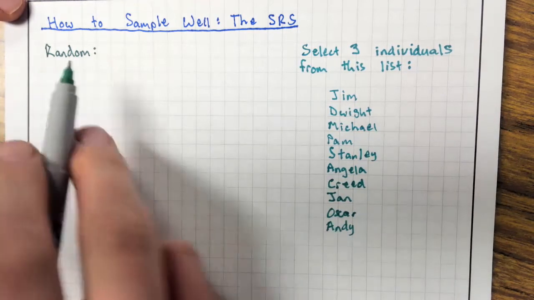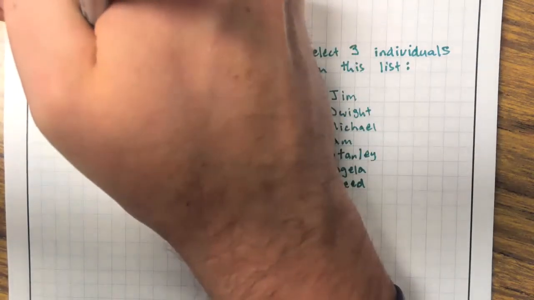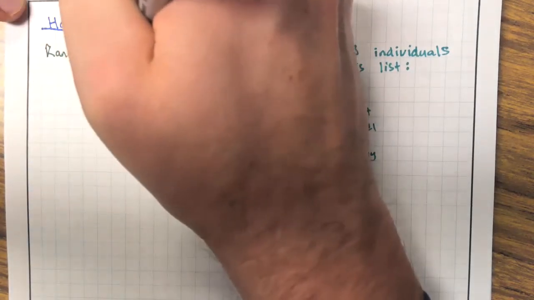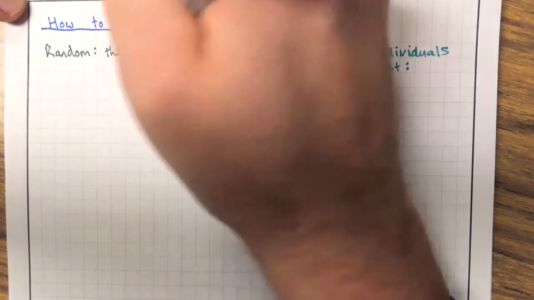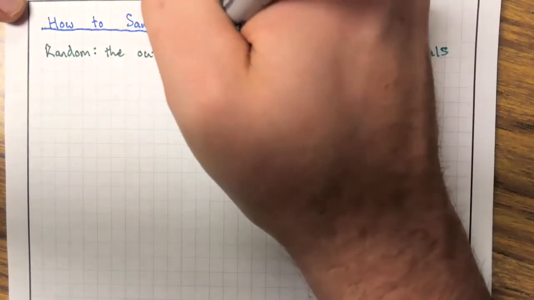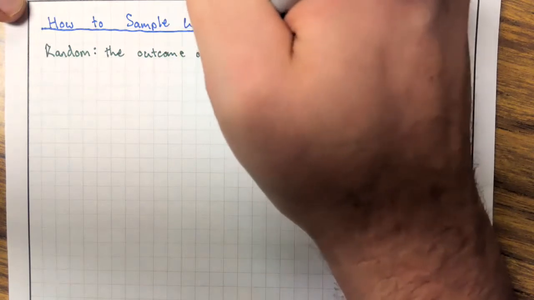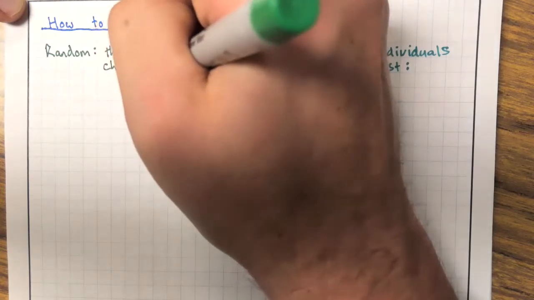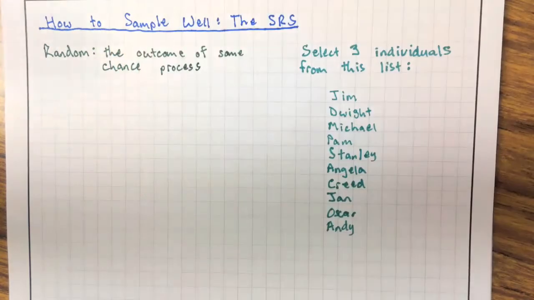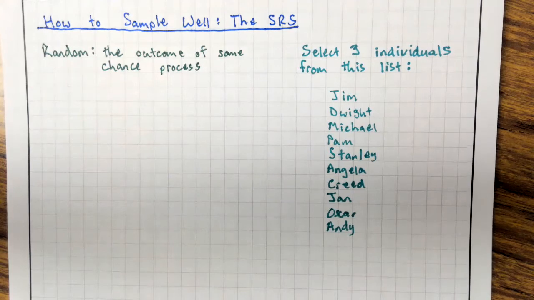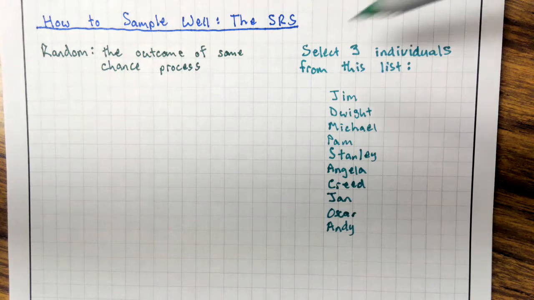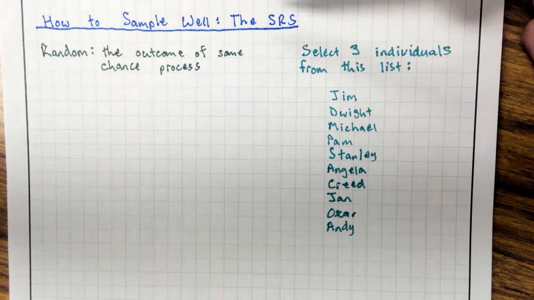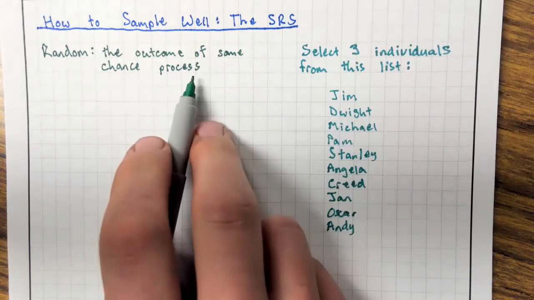In statistics, random refers to the outcome of some chance process. If I shuffle a deck of cards and ask you to pick one, that's a chance process. Rolling a pair of dice, that's another chance process. And it's also some of the things that we're going to do today. The simple random samples use a chance process.